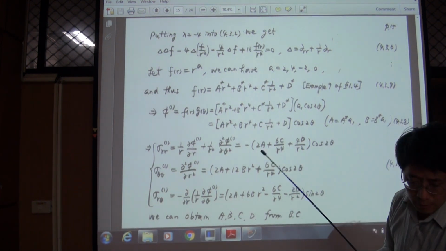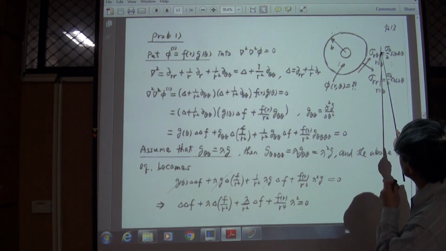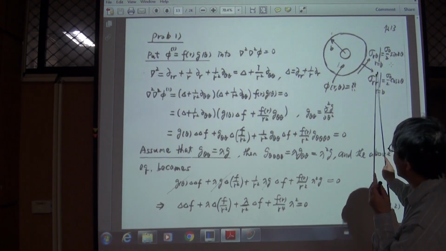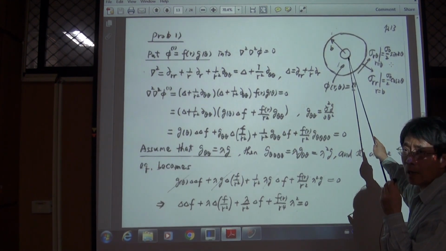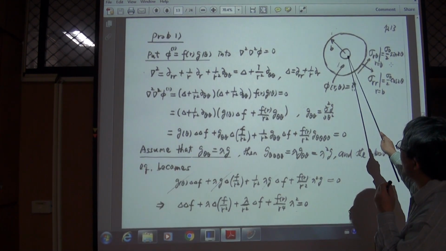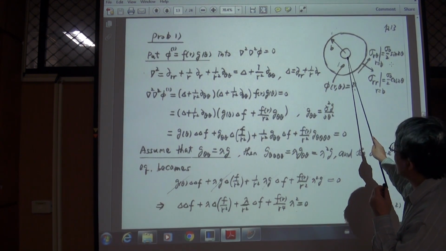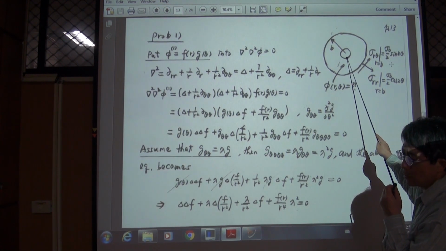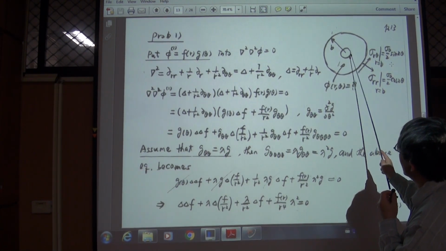So we consider 4 boundary conditions here. This is one boundary condition, another boundary condition, and also at small r equal to small a, sigma r equals 0, then sigma r theta, the shear stress, also equals 0. Understand? So we have 4 conditions.